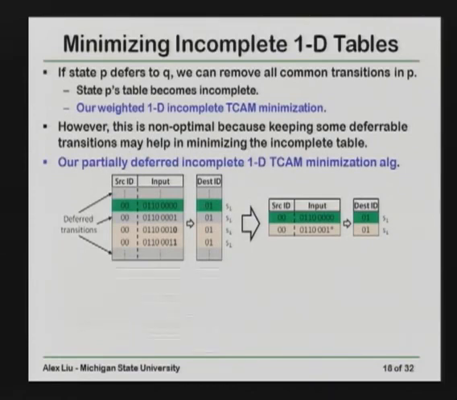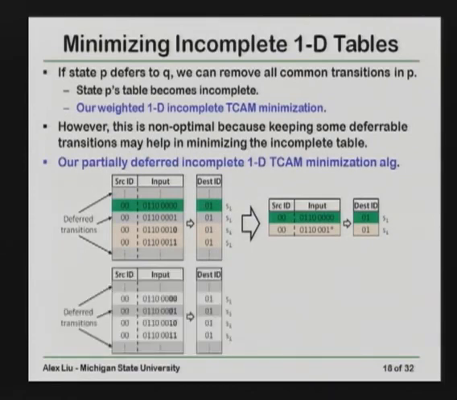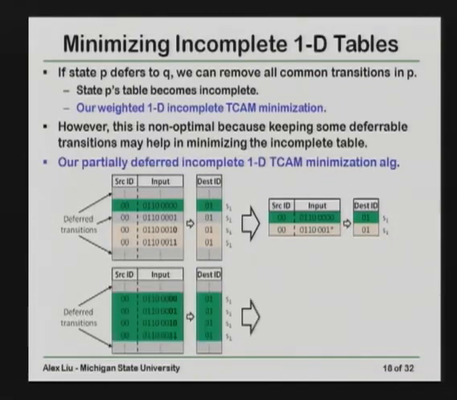But if we keep the deferrable transition in the middle instead of deleting it, you can see that we can combine them all into one entry. This will be 0110 00 star star, right? So keeping some of them not deferred may help, and we have an optimal algorithm for achieving this using dynamic programming. I will skip the details on that.